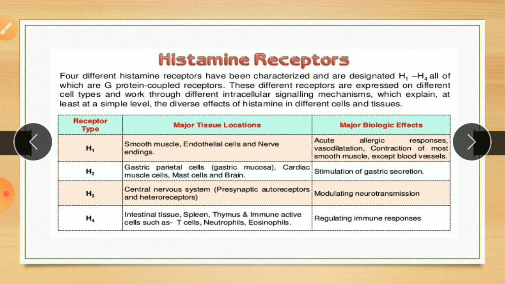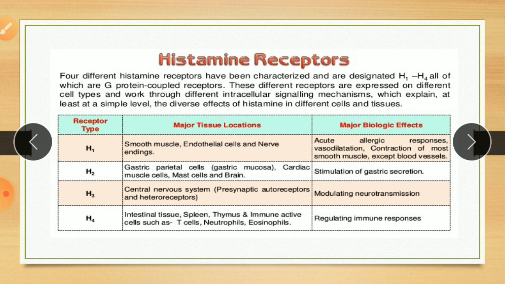So the H1 receptor is the main receptor. H1 receptor expression is widespread, including CNS neurons, smooth muscle of the respiratory system, GIT, uterine tissue, endothelial cells, neutrophils, eosinophils, monocytes, T and B cells, etc. So these are the locations where the H1 receptor is mainly present.